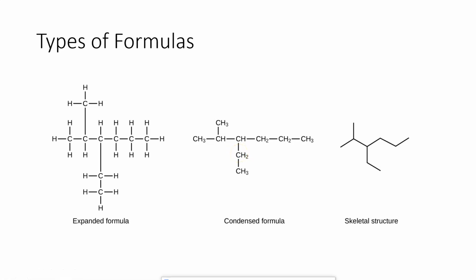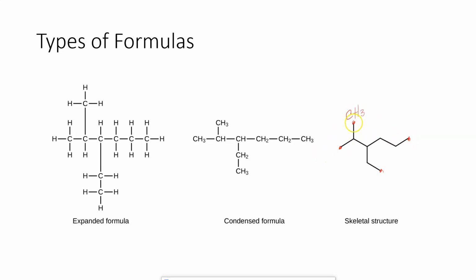Another way we have to represent these formulas, and actually this one is very common, is the skeletal structure. So when we use this type of formula, every single edge, like this, like this, like this, like this, represents a CH3, okay?